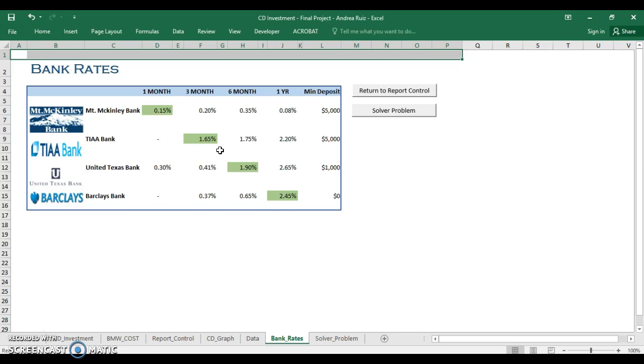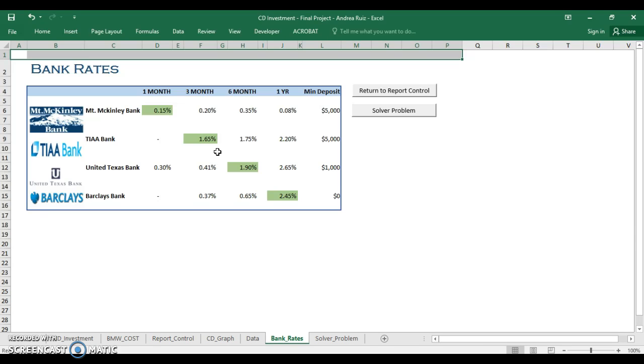Then for the 6-month CD, the United Texas Bank offers 1.90% at a $1,000 minimum deposit, and the Barclays Bank doesn't have the best rate for the 1-year CDs, but it doesn't require any minimum deposit, so for me this is a great option. So I have picked these 4 rates for my analysis.